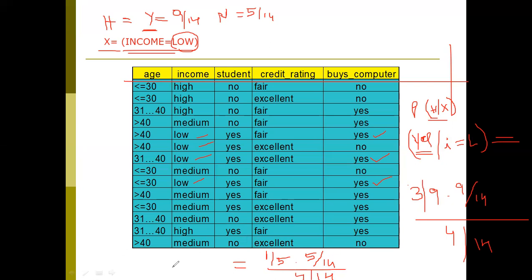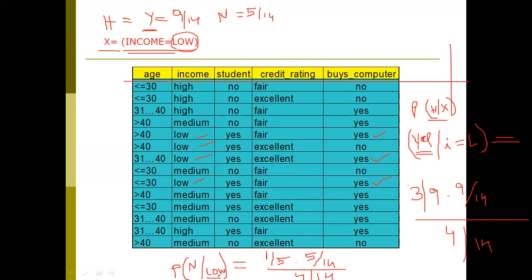When I have substituted, probability of no class label by I equal to low, which means directly I'm writing low here. Okay. My attribute is low valued attribute.